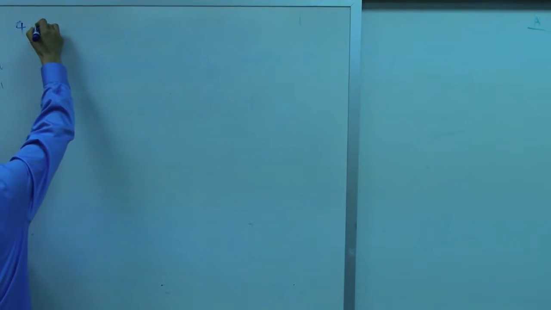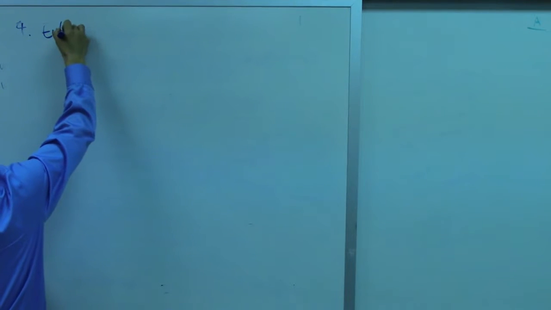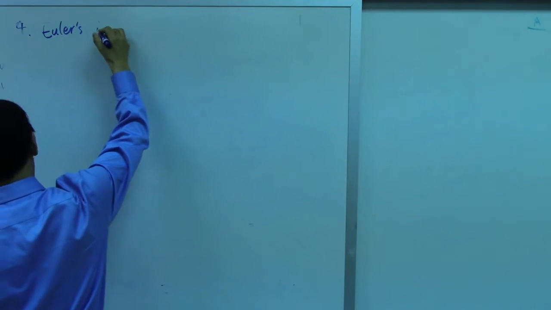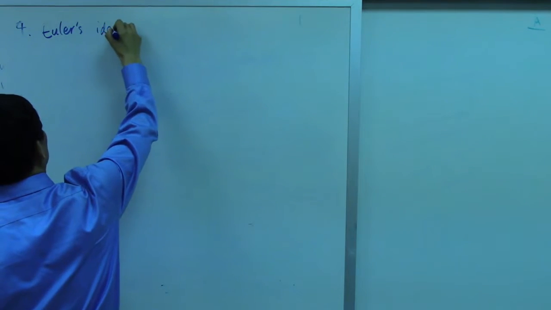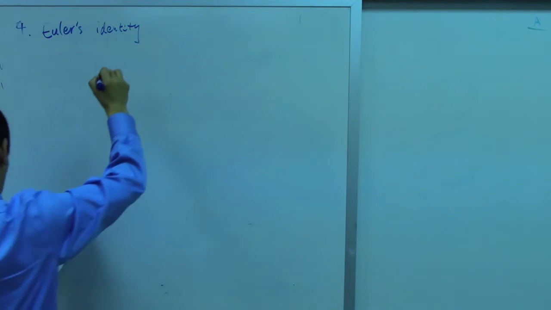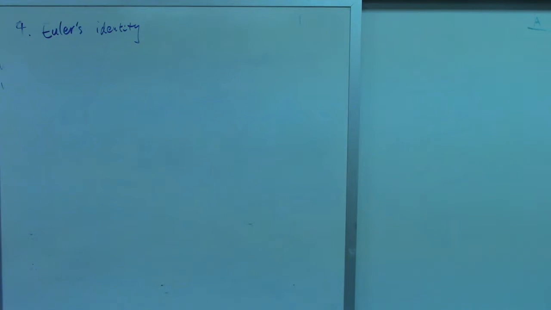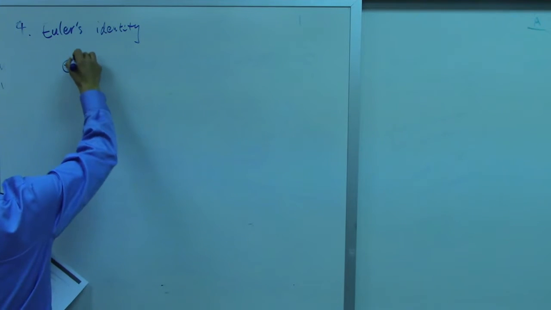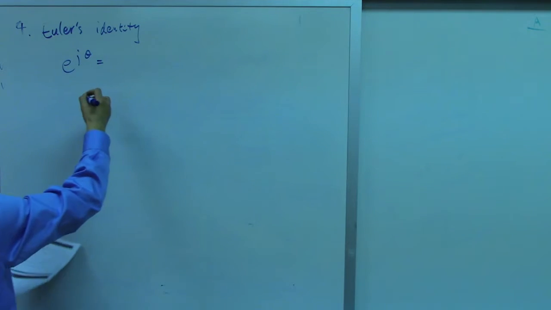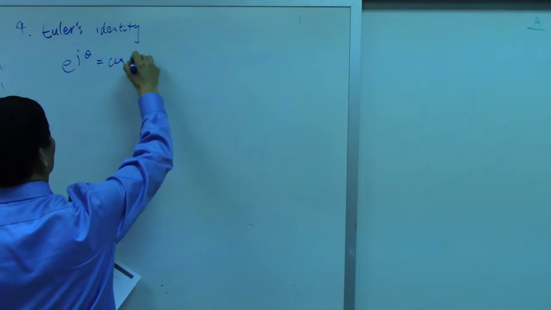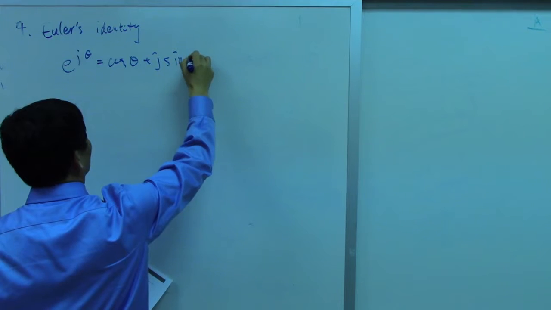An important concept is Euler's identity. Anyone knows this? I believe you know this from when we discussed trigonometry or phasor analysis. e to the j theta equals cosine theta plus j times sin theta.